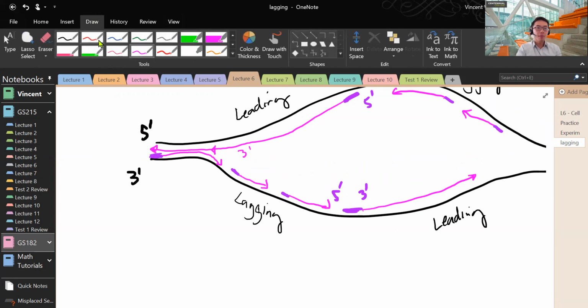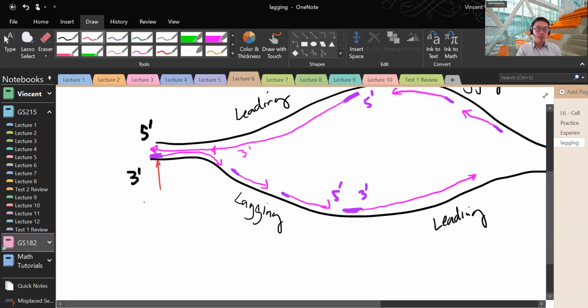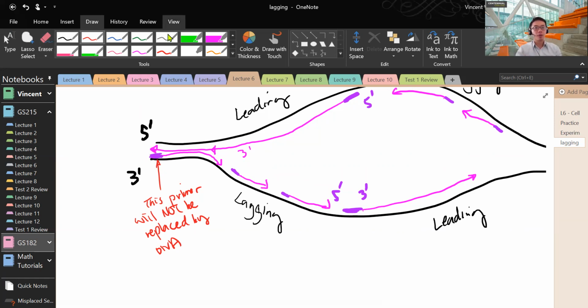So this primer here, this little bit of primer, will not be replaced by DNA, and it just kind of falls off and does not get replicated. Does that make sense? Why this part would not get replicated? Because there's no DNA polymerase 3 coming from above, from upstream. So this part will not get replicated.